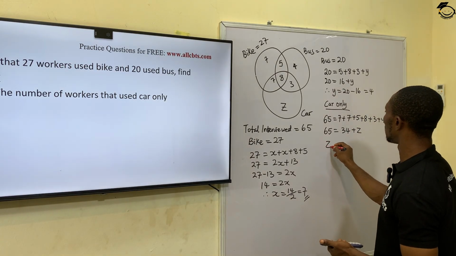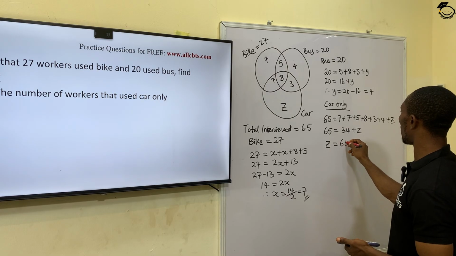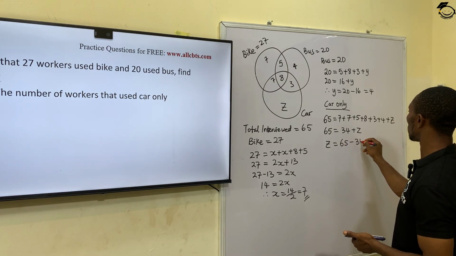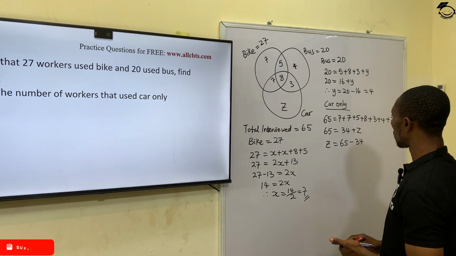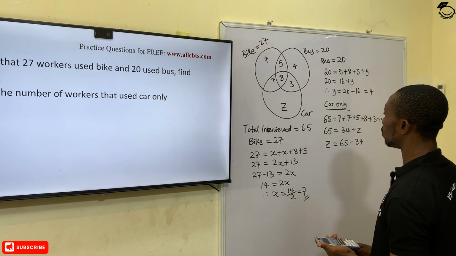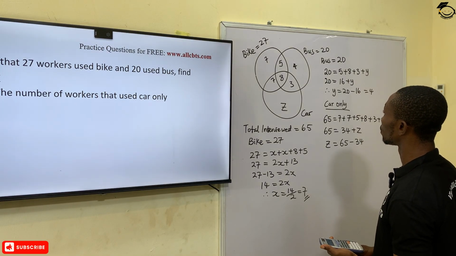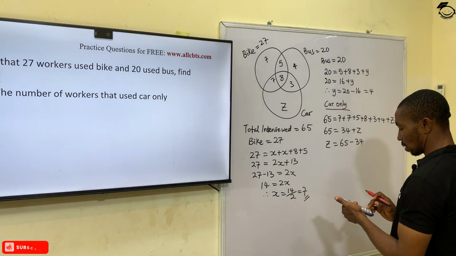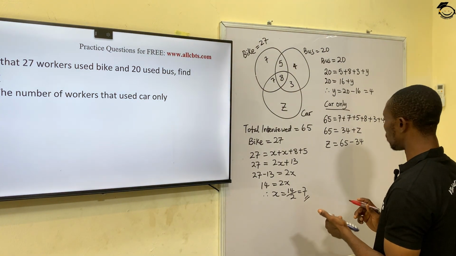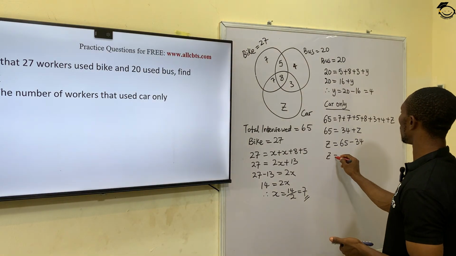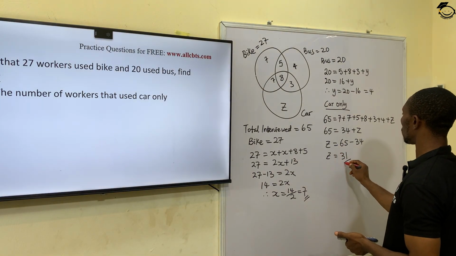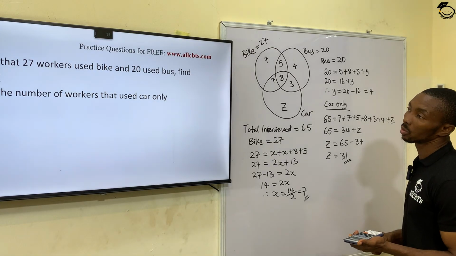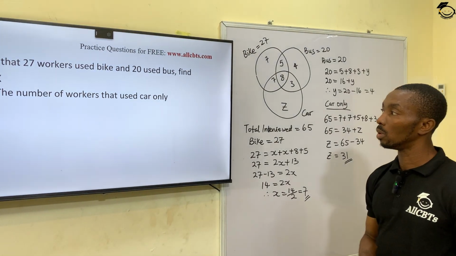So z equals 65 minus 34, which gives us z equals 31. So 31 people used car only.